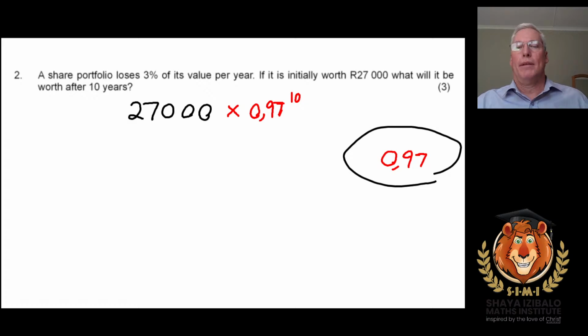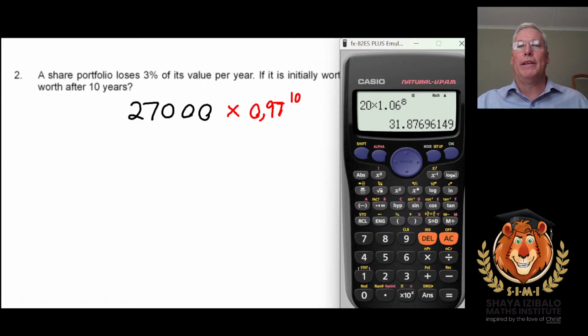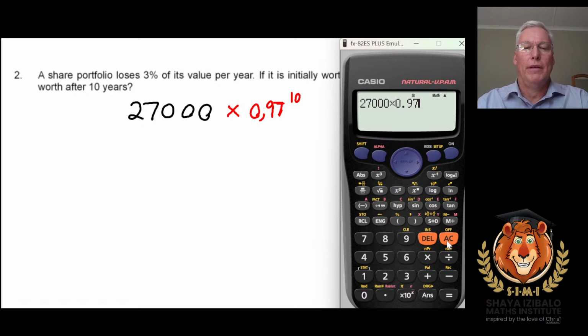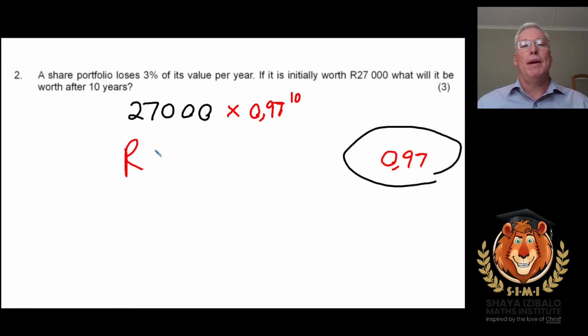So we can once again bring up our calculator, and our answer is going to be 27,000 times 0,97 to the power of 10. Okay, and I get 19,910 and 45 cents. Remember, I'm seeing some multipliers there, some correct ones and some incorrect ones.